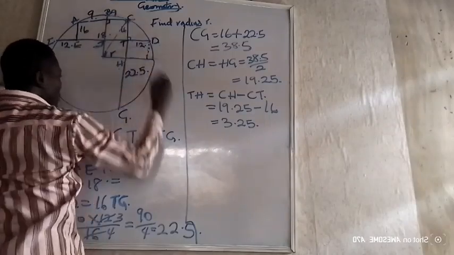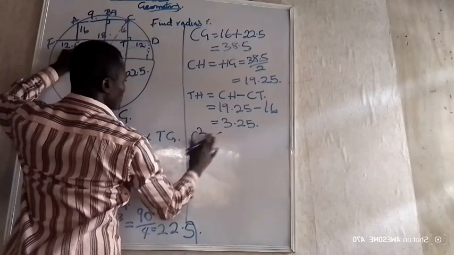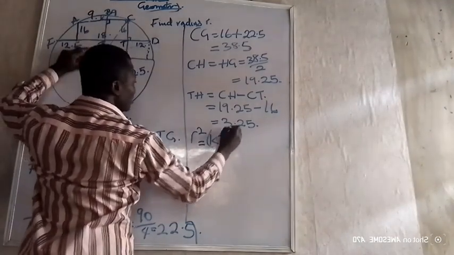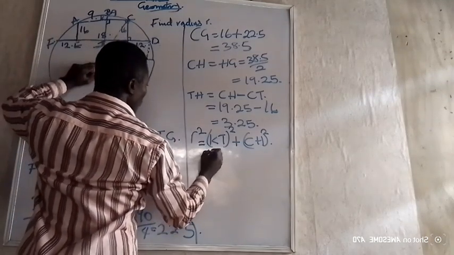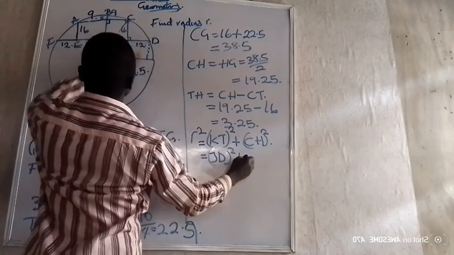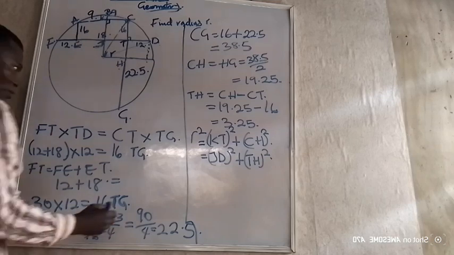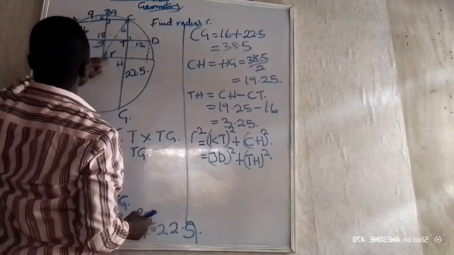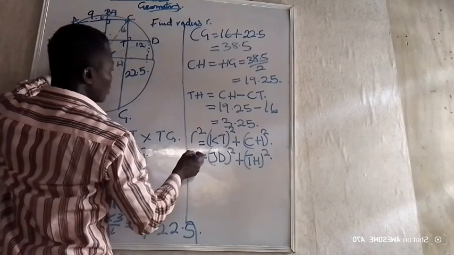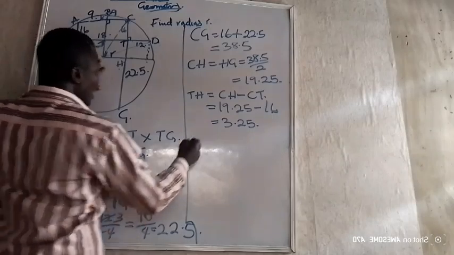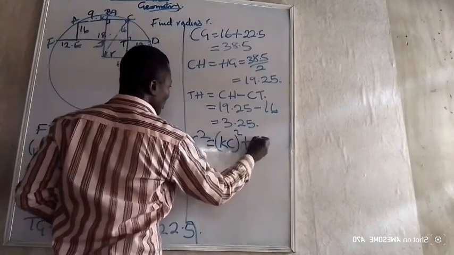So R squared is equal to KC squared plus CH squared.